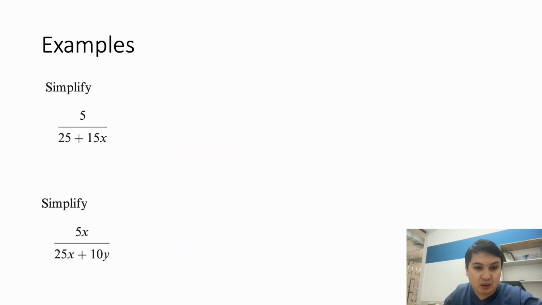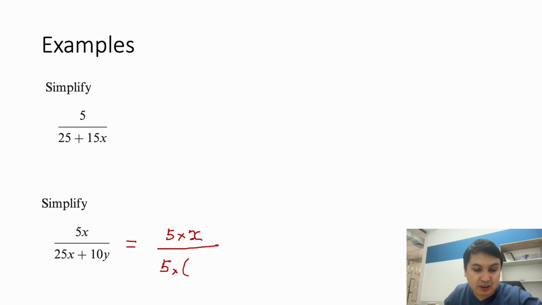So what is the correct way? Here, this is 5 times x. Let's write the multiplication as a curly x to distinguish it from the variable. Here, I can factor out 5, right? 5 is common, so let's factor out 5.